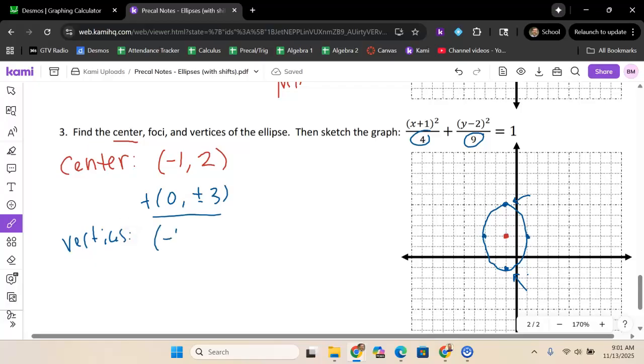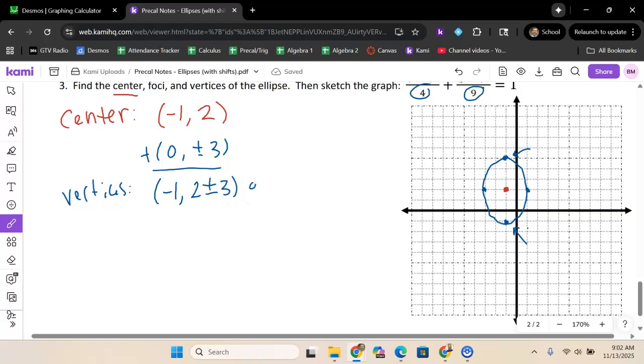That's going to give us -1, and then I can actually just write 2 plus or minus 3. So I'm just adding the x coordinates, -1 plus 0, and the y coordinates, 2 plus or minus 3. You can write it that way, or if you would like, you can just say it's -1, 5 and -1, -1. I don't care how you write that, but that's what you're going to do there.